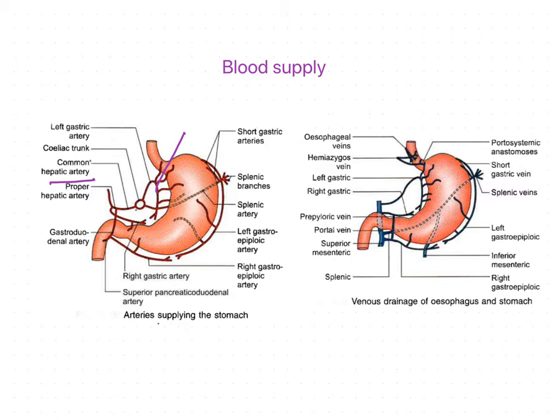This one supplies the stomach on the right side. Along the greater curvature, it is supplied by the right gastroepiploic artery, which is a branch of gastroduodenal artery. On the left side, it is supplied by the left gastroepiploic artery, which is a branch of splenic artery.